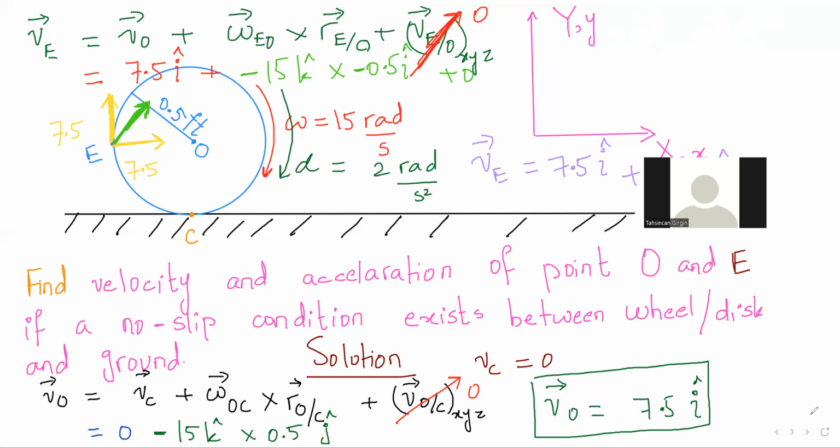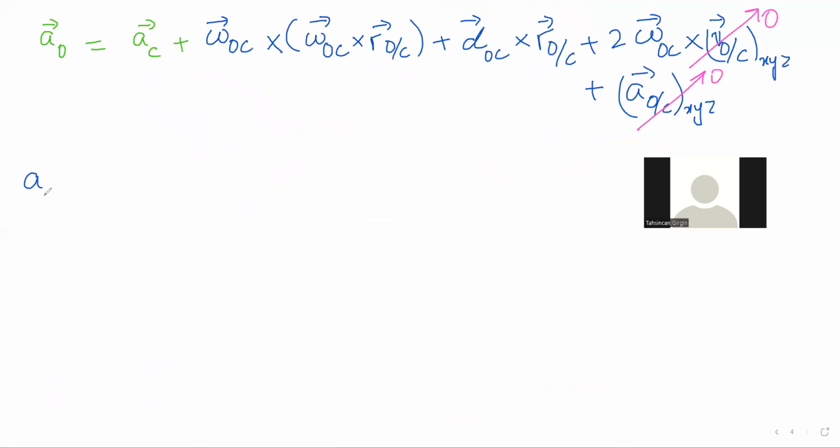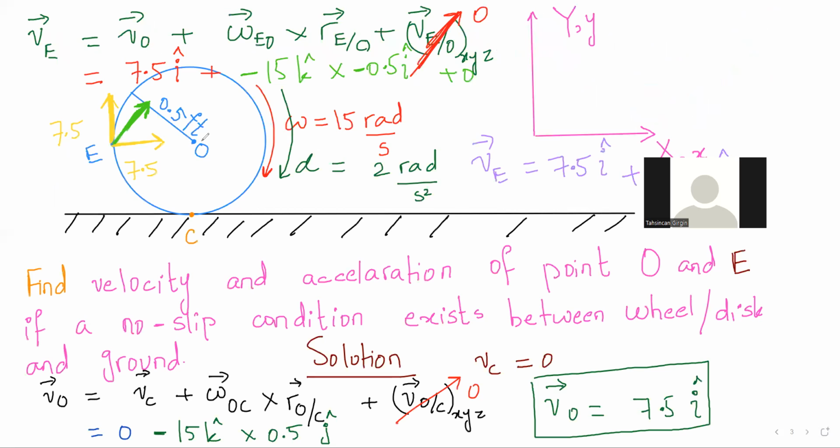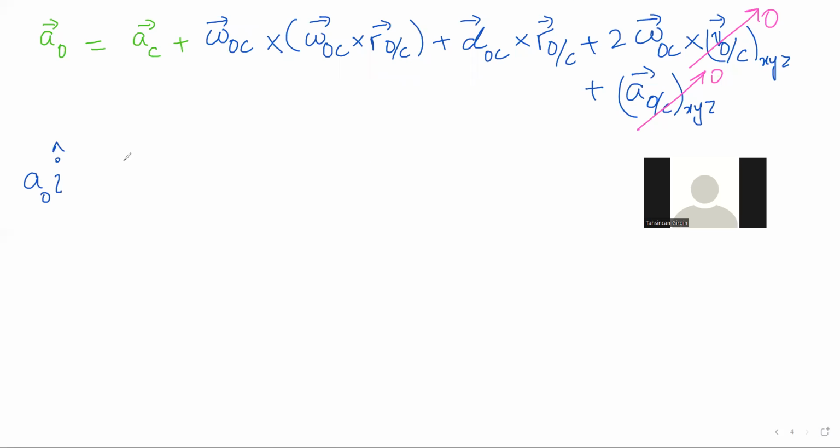So can anyone tell me what I should write if I have removed the arrow? Only I. I told you that this fellow is accelerating only towards the right, and doesn't have any component up and down. So AO equal to, and this is the part that becomes confusing, AC.